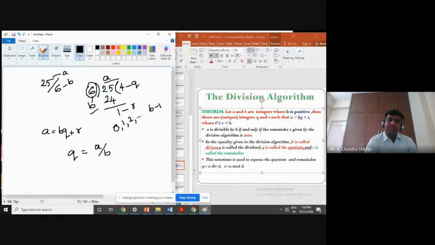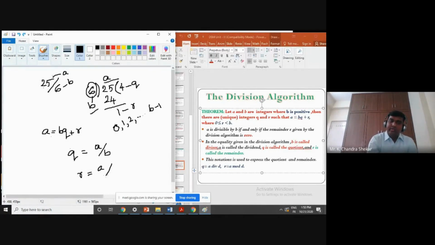Whatever the quotient value is, I represent it by A divided by B. Now if I want the remainder, then I'll write the remainder R equal to A modulus B. Hope you know the percentage symbol is acting as the modulus operator.